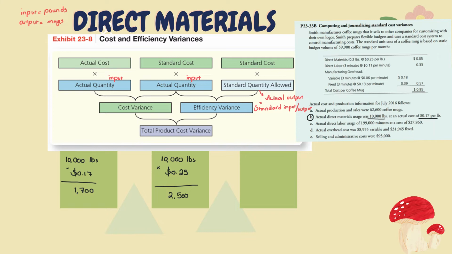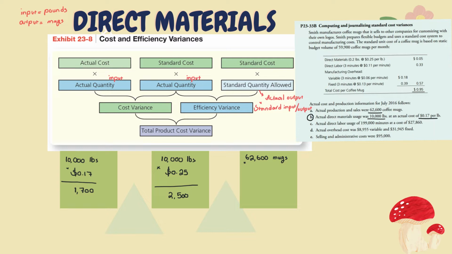Now the last one, I need to find standard quantity allowed, in which I need to multiply actual output, or mugs, by standard input per one output. Actual output is 62,600 coffee mugs. I need to multiply this amount with standard input per one output.